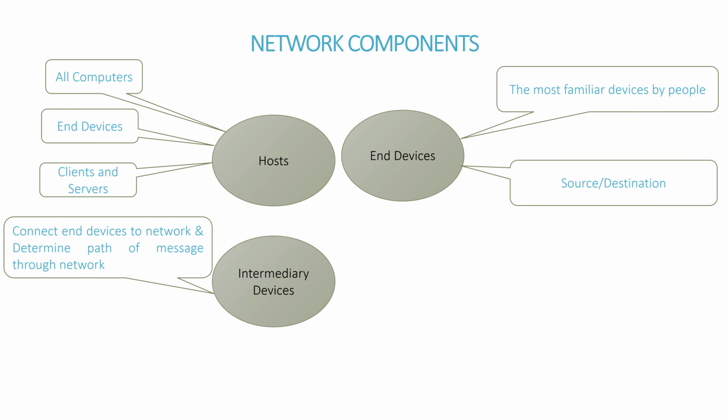They use the address of the destination end device to determine the path that the message should take through the network. Intermediary network devices regenerate and retransmit the communication signals. They maintain information about what pathways exist through the network and internet, so the message can be delivered from the source to the destination.